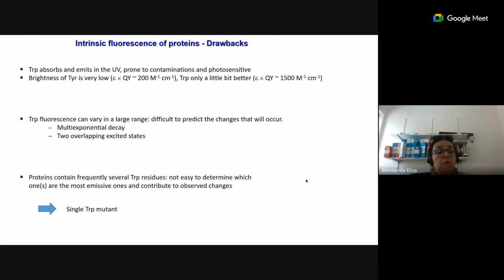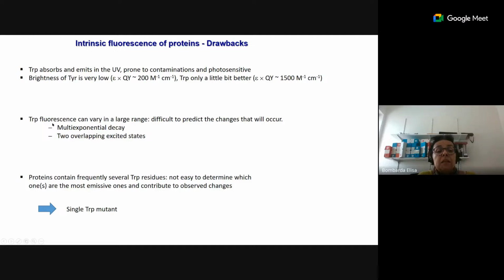The UV is also not very amenable to study in the cell. Then the brightness of tyrosine is very low, as you see, 200. You saw we were talking about molecules that have several hundreds, thousands of brightness, so 200 is not so much. Tryptophan is only a little bit better.